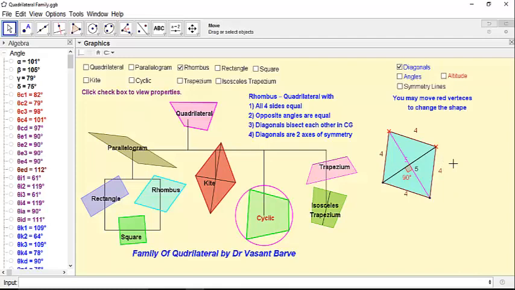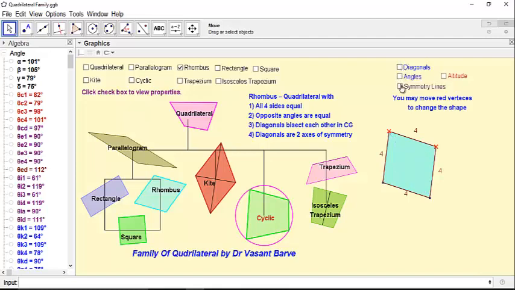So you have a simple way of finding out the area of the rhombus, that is, you just multiply these two diagonals and divide by 2, because we are having 4 right angle triangles here with half of each of the diagonals as the base and the height. Okay. Now let's see what about symmetry. Okay.